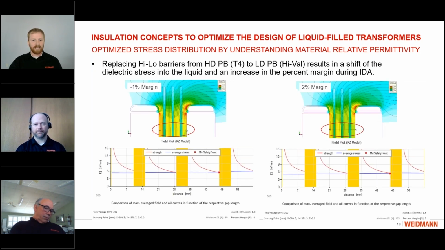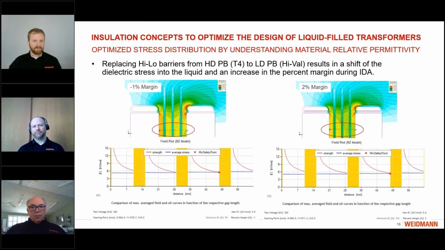So looking at an example, if we replace the high-low barriers between two windings, exchanging high-density pressboard T4 with low-density pressboard High Val, resulting in the shift of the stress, you ultimately see an increase in the percent margin during the insulation dielectric analysis, or IDA.